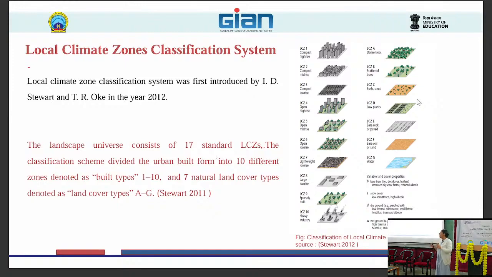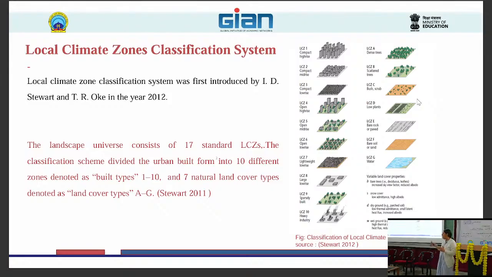Apart from the buildings, we have to look into their forms, their heights, and also what kind of vegetation is there between those areas. Because till now all the research was on surfaces: what is vegetation, what percentage of land is covered, paved, or built, what is the fraction of built area.